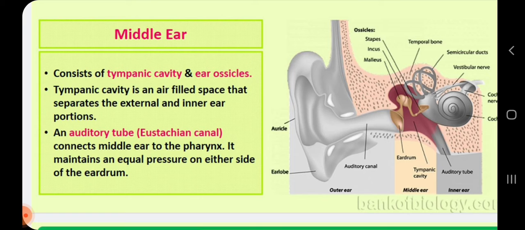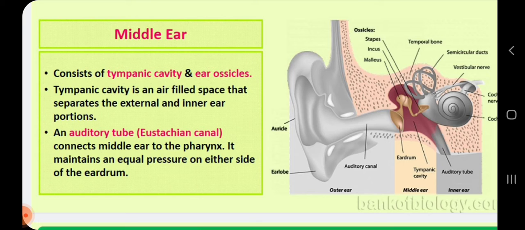That is the ear ossicles. What are these ear ossicles? There are three ear ossicles by name: malleus, incus and stapes. These three ear ossicles are attached to one another in a chain-like fashion.